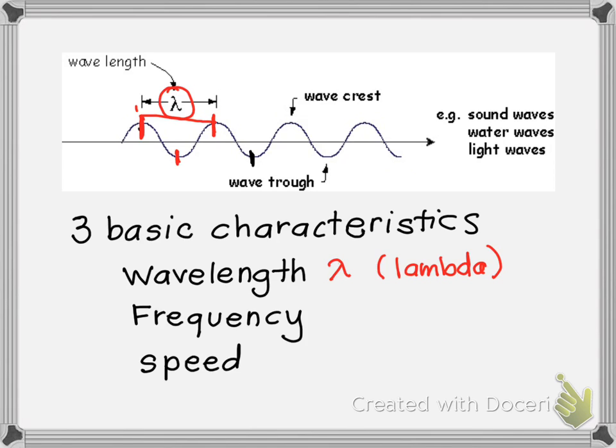You could also measure from what's called a trough, and that would also be the same distance. We also have frequency, which is the Greek letter nu. Frequency tells you how many waves pass a particular point per second. Then we have the speed, which tells you how fast it's traveling. And remember, in a vacuum, all energy travels at the speed of light.